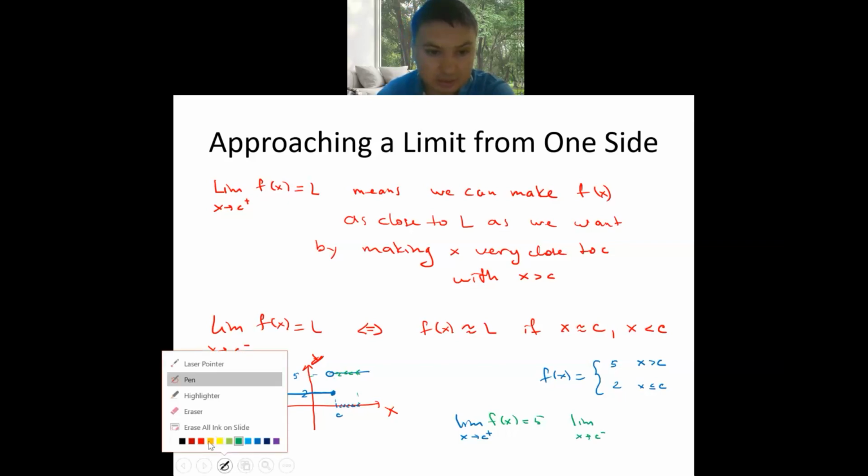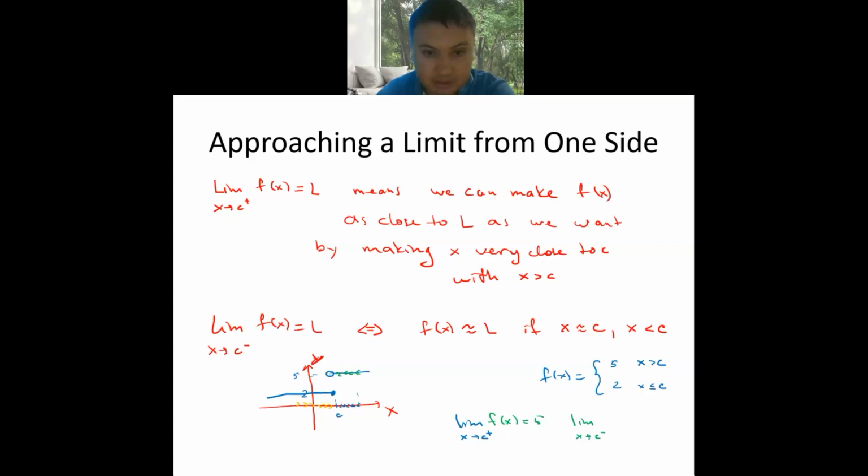Let's pick a different color. If you're approaching c from the left, here's your function, right? You're approaching that point on the y-axis. So this is your f of x. That would be just 2. So both limits exist, right? We found the answer. One is 5, the other one is 2. The limit of the function doesn't exist, but the one-sided limits exist, right? One-sided.